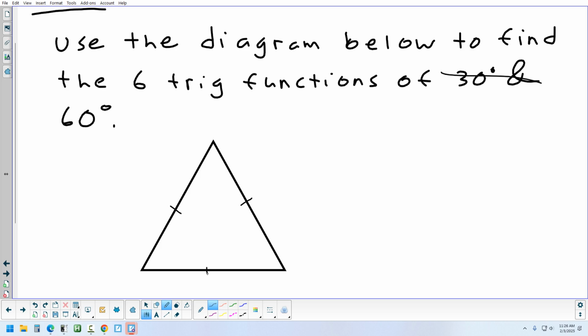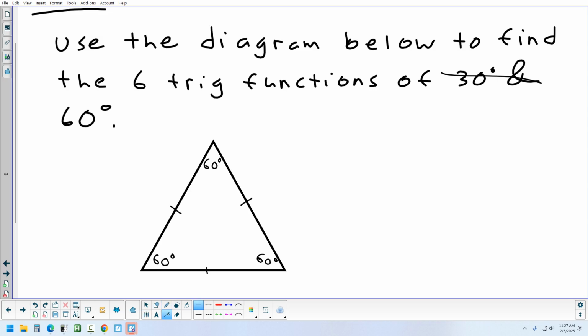Tell me what we know about an equilateral triangle. All of the angles and sides are the same. Let's focus on the angles. They're all 60. So that's a 60, that's a 60, that's a 60.